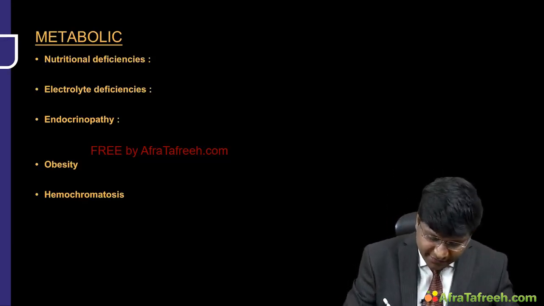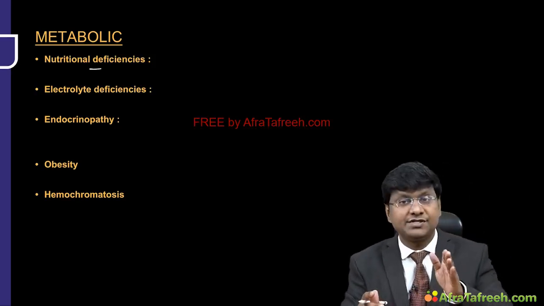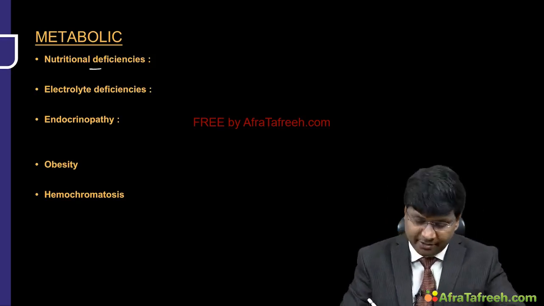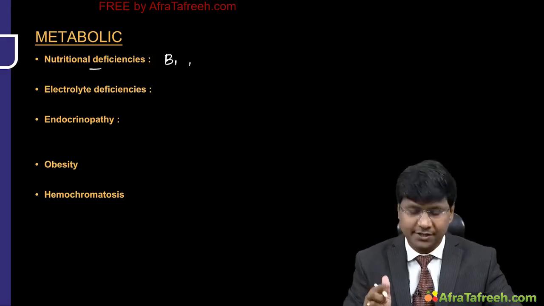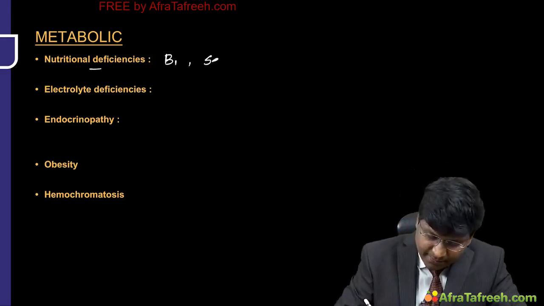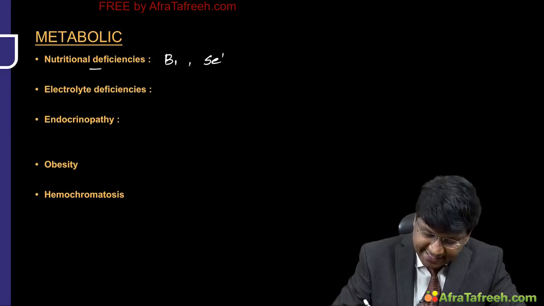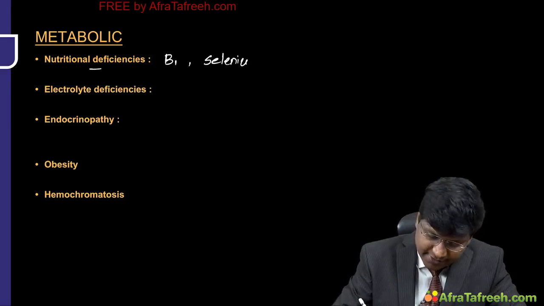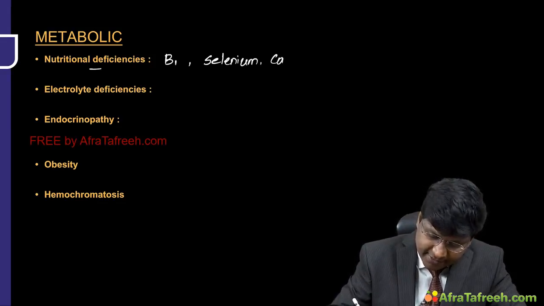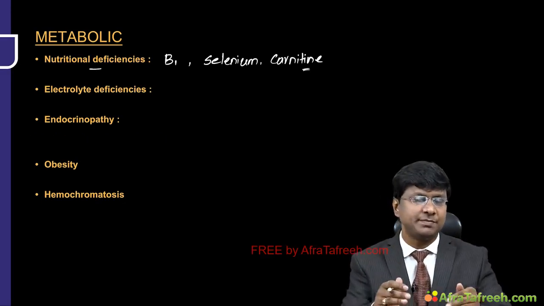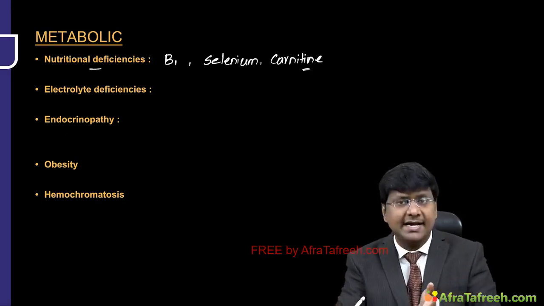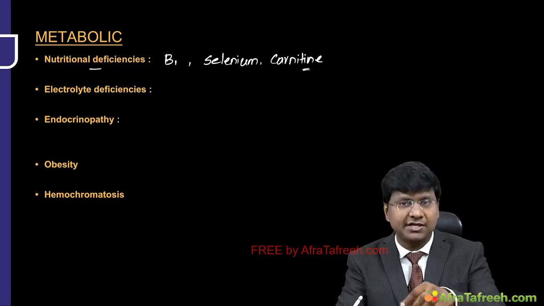The first important ones are the nutritional deficiencies: thiamine deficiency, which is your B1 deficiency; selenium deficiency; and carnitine deficiency. These can predispose to dilated cardiomyopathy, and I will discuss them in detail subsequently.